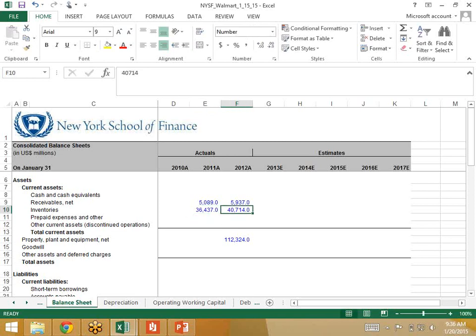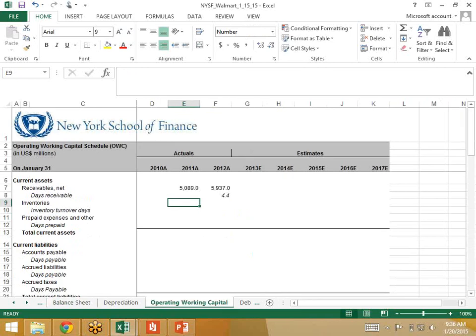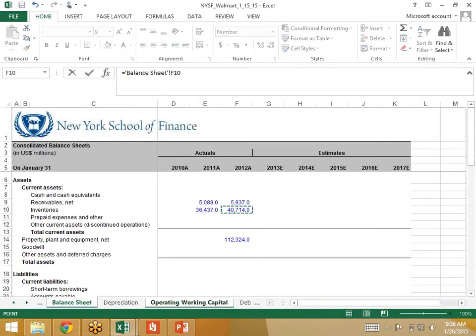Right? And we'll link those into the operating working capital schedule. 2012, I'm going to link in from the balance sheet.